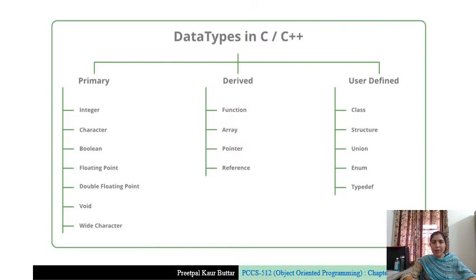This slide summarizes the data types in C++. Data types in C++ can be divided into 3 categories: primary, derived, and user defined. The primary data types include integer, character, boolean, etc. The derived data types include functions, arrays, pointers, references. User defined data types include class, structure, union, enum, typedef.